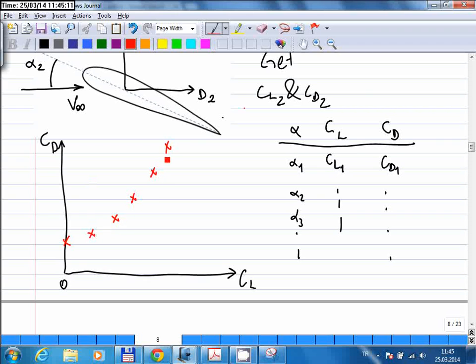In fact, all the proper experiments performed for different airfoil designs and different wing designs show such a parabolic variation. Okay, so when you make all these experiments, you see that the drag coefficient changes with the square of the lift coefficient. That's why I call it parabolic.